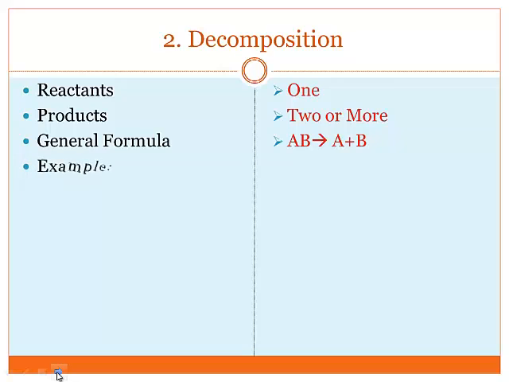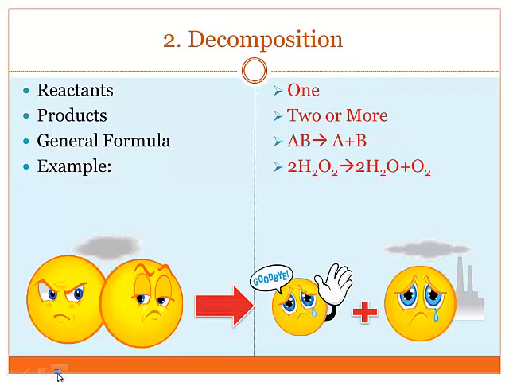An example of that would be if hydrogen peroxide broke down to produce water and oxygen. Notice, like I said before, they don't necessarily have to be element products, but you do have to have only one reactant type. So where the synthesis was the chemical marriage, the decomposition is the chemical divorce. You take one group and you split them up into simpler groups or individuals.